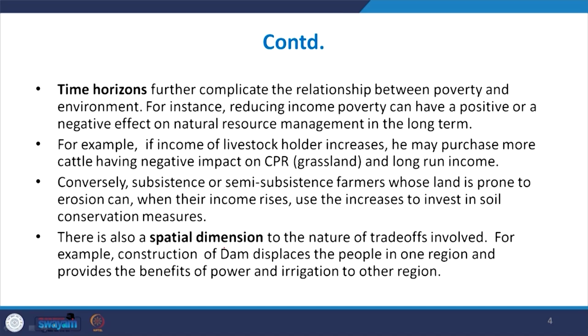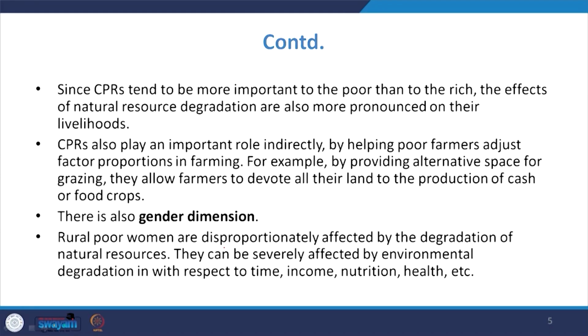So, opportunity actually may be received by the persons far away from the place of interventions, and the degradation due to interventions may affect the people living near to the place of interventions. Since common property resources tend to be more important to the poor than the rich, the effects of natural resource degradation are also more pronounced on their livelihoods.